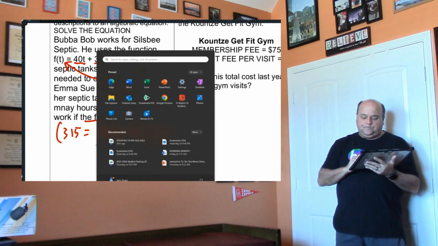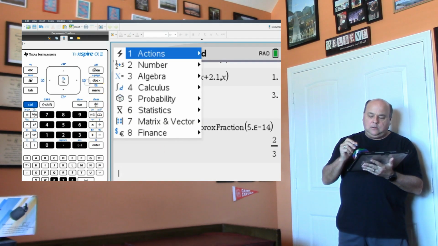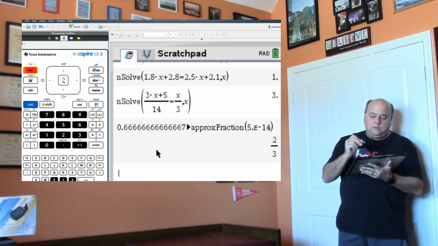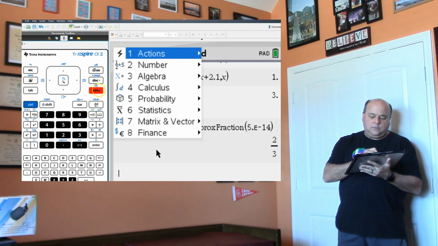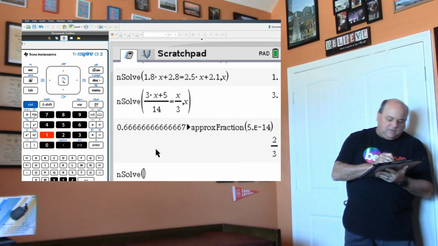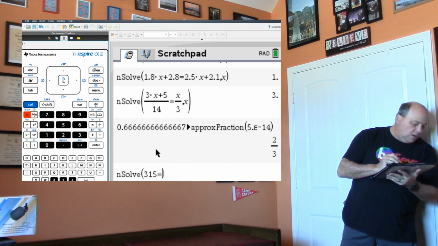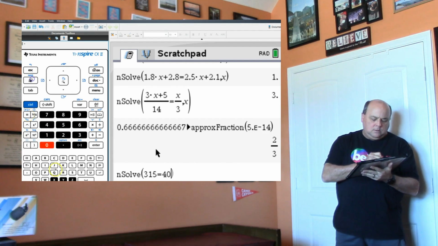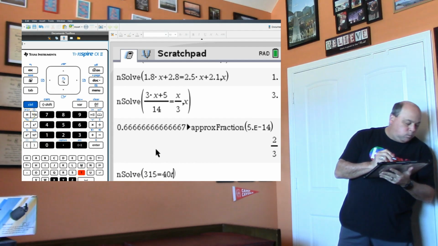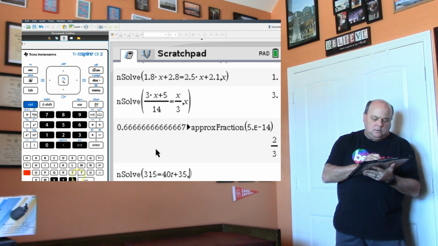So let's do that. So menu 3.1, menu 3.1, and it was 315 equals, and it's what, 40t plus 35, comma t.